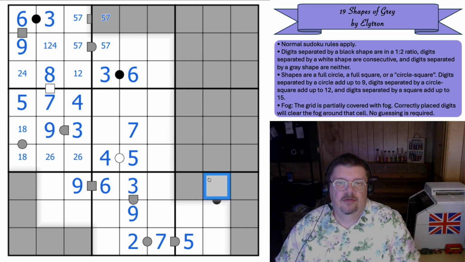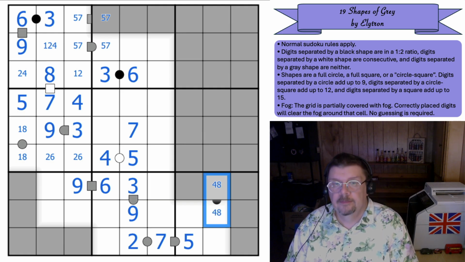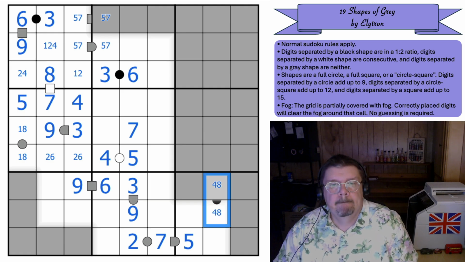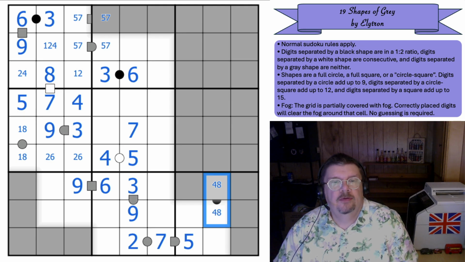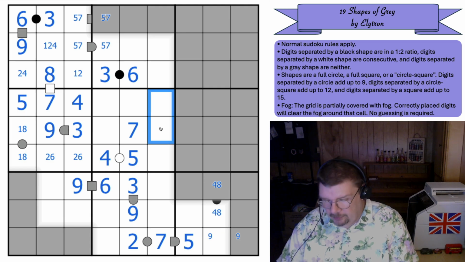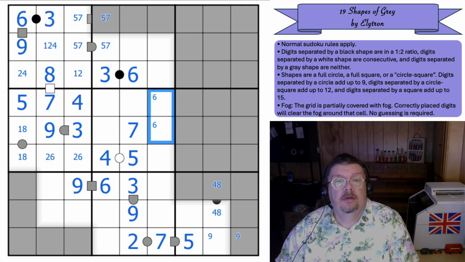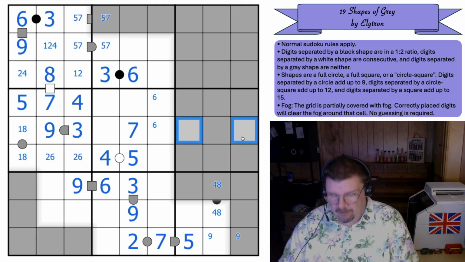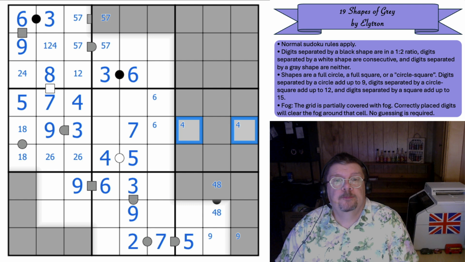Can't be 3, 6 because that cell can be neither, so it must be 8, 4. And now I think I must have more Sudoku to do. I've got a 9 in one of those two. I've got a 6 in one of those two. Have 4 in one of those two.